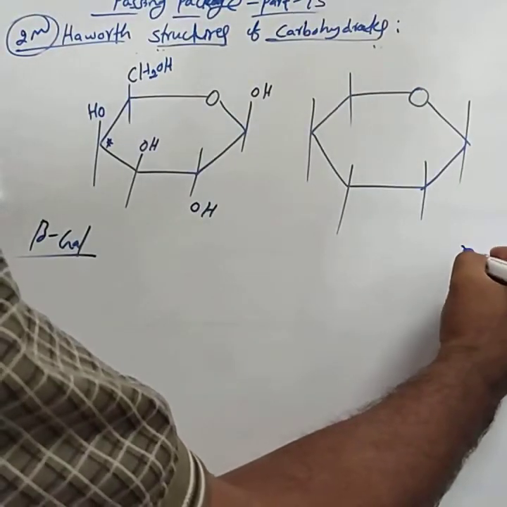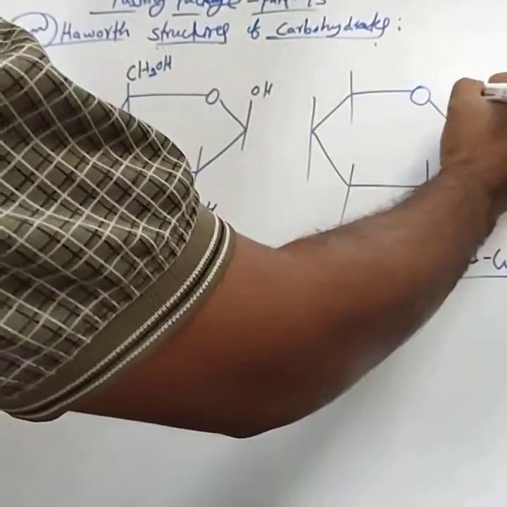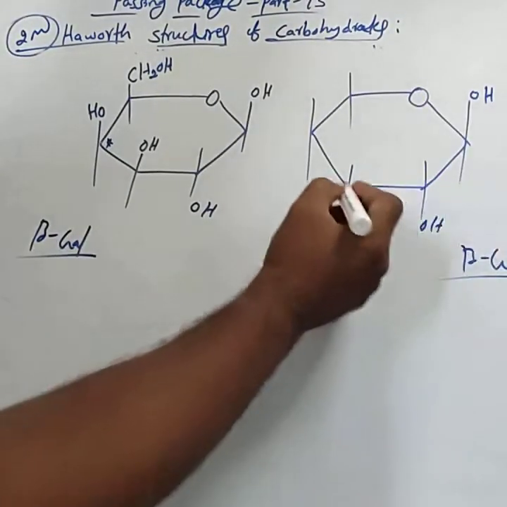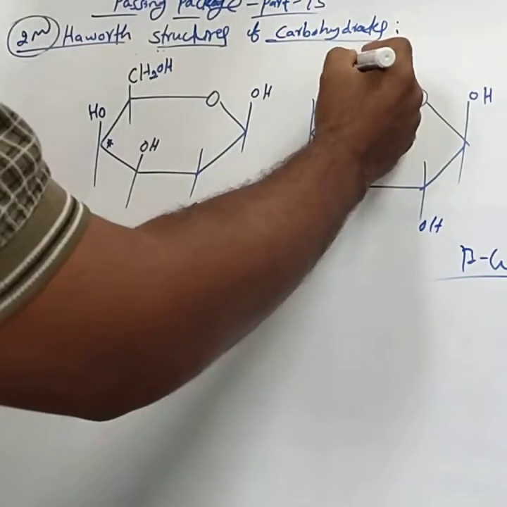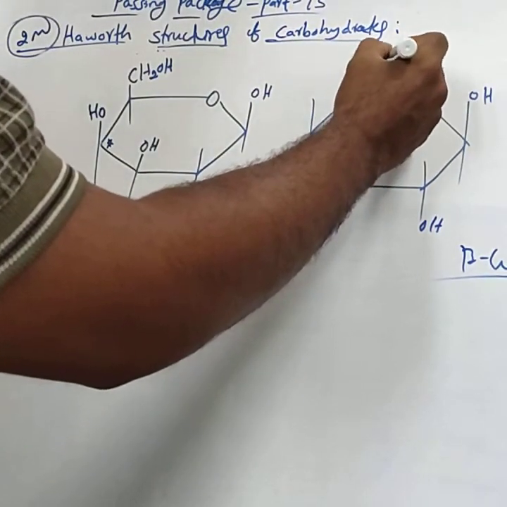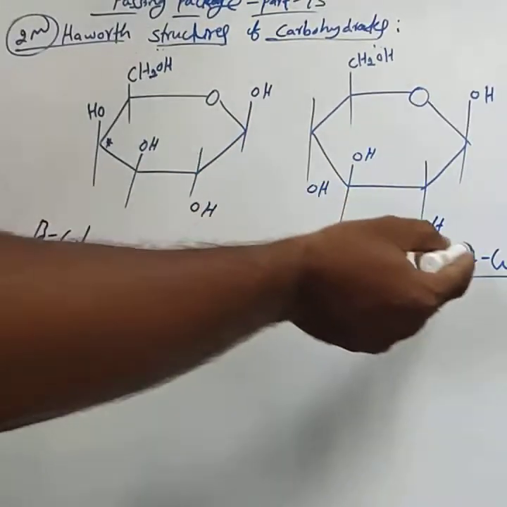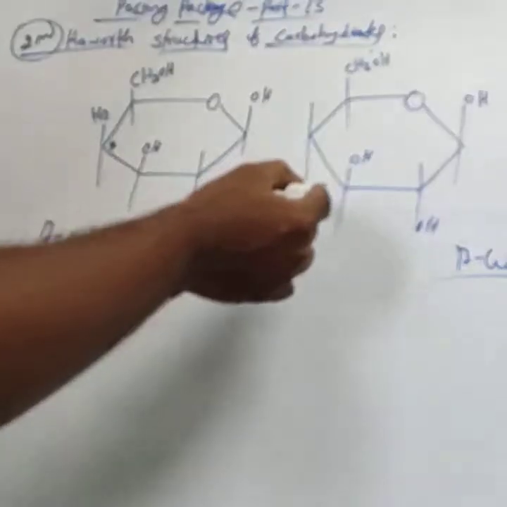Then this one is the beta glucose. Beta glucose means the OH above on the first carbon, second carbon OH below, third above OH, fourth below OH. Then the fifth one is above CH2OH. The code word is make. Beta glucose code is make.